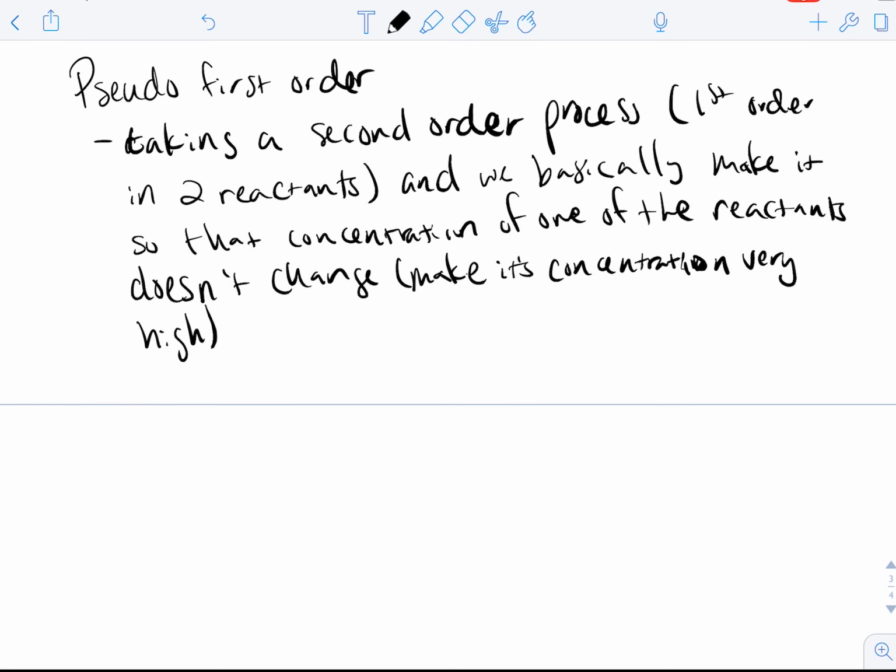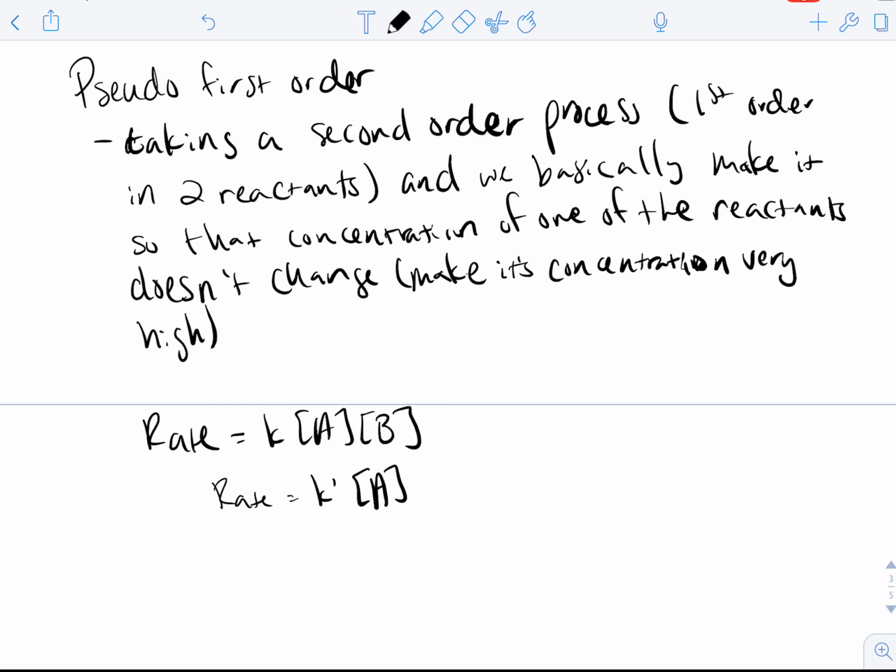So instead we're going to look at the rate in terms of one substance. So even though initially we have rate is equal to k A times B, we actually look at only one substance. So we get an effective K. So this is our K effective.